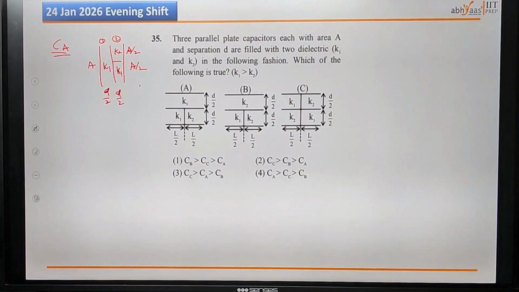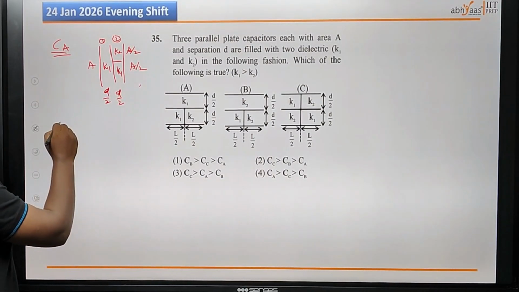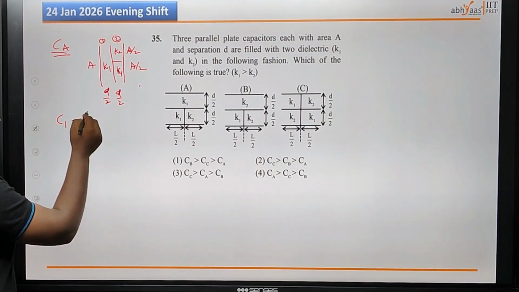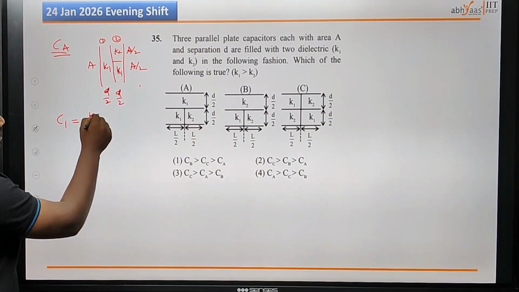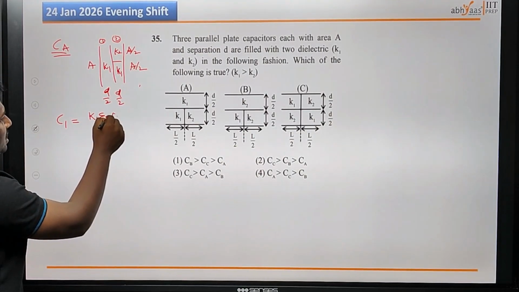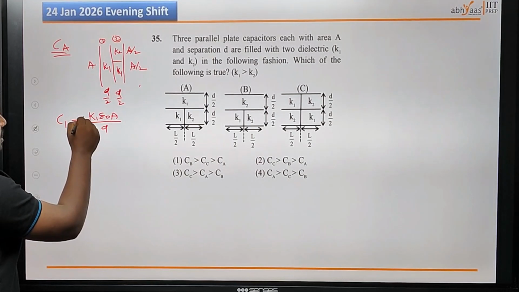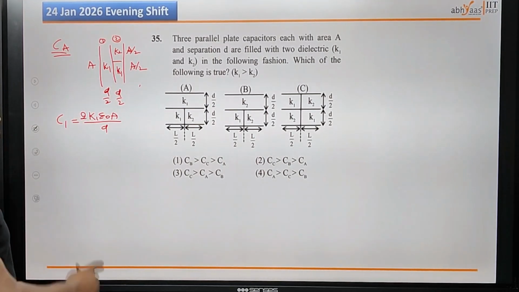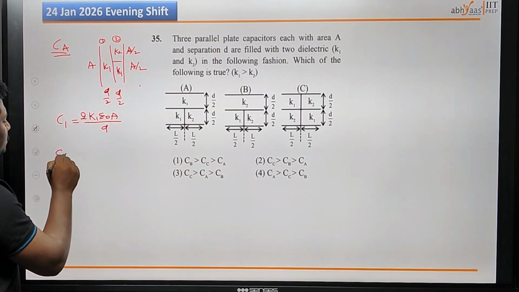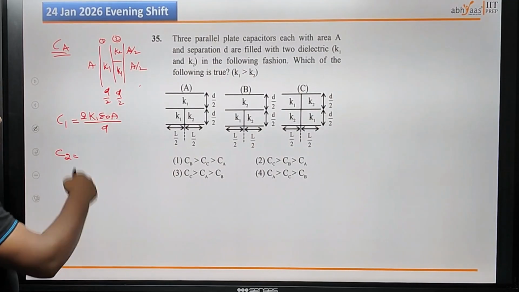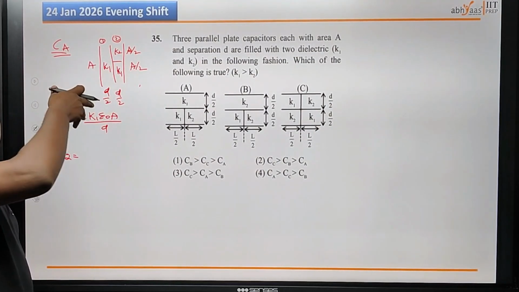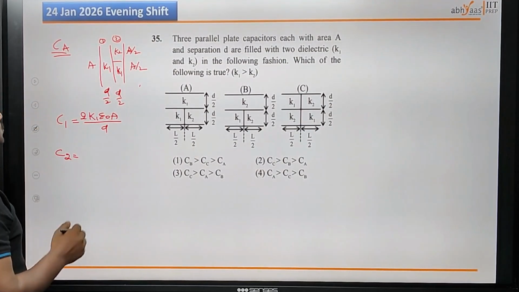Okay, first one, capacitor C1 can be written as K1 epsilon naught A by D by 2. For case 2, C2, those two are parallel to each other, that's why I am adding those two.